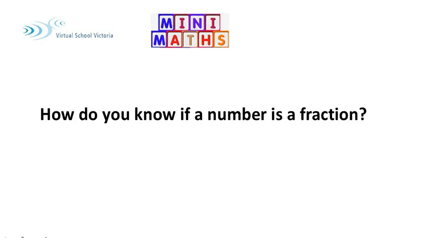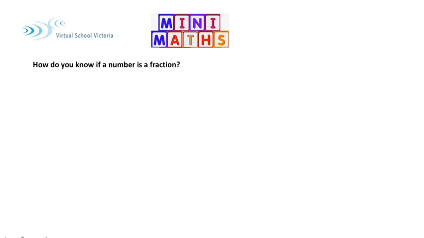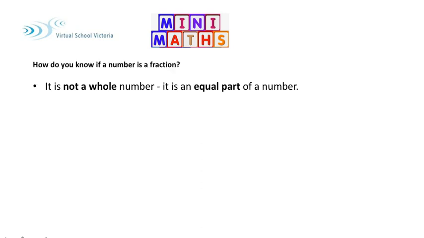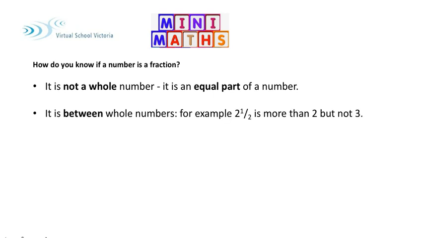lots of different ideas. So how do you know if a number is a fraction? It's not a whole number. It's a part of a number. It's on a number line, appears between the two whole numbers. It looks like this or it looks like that.